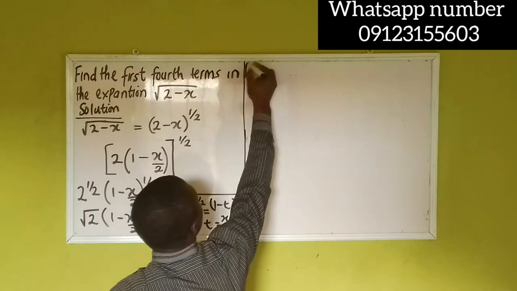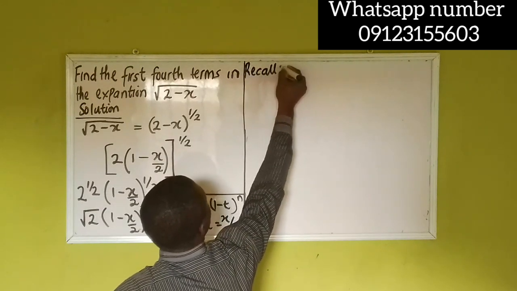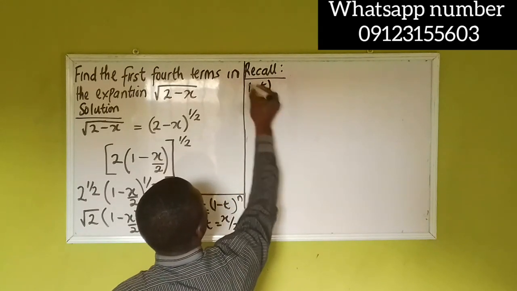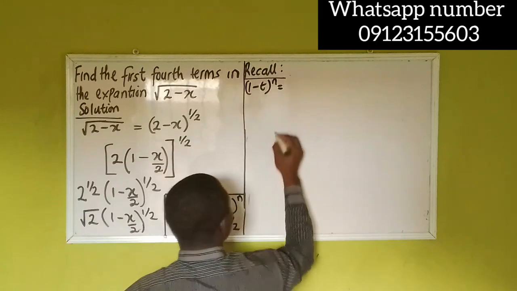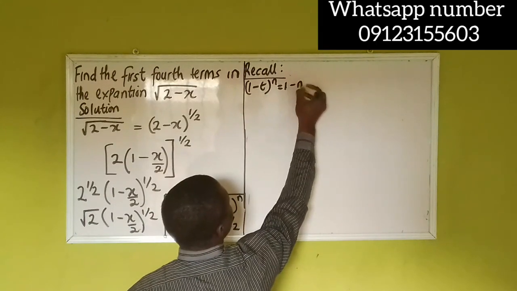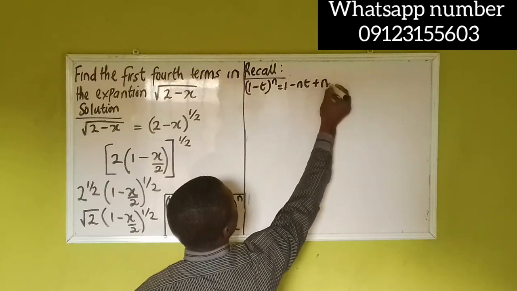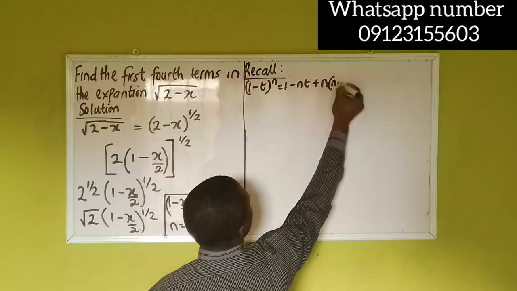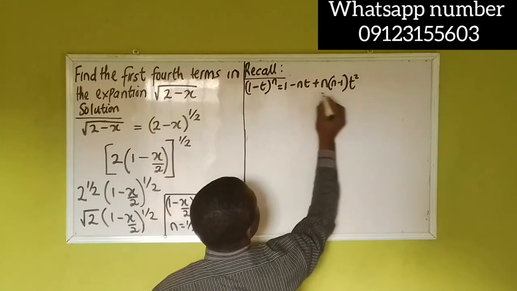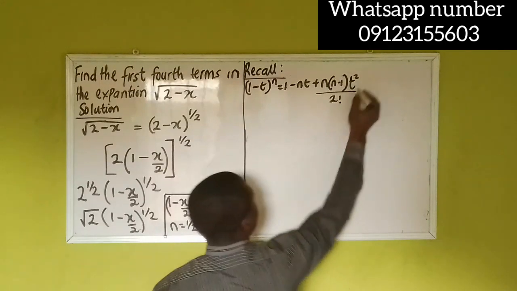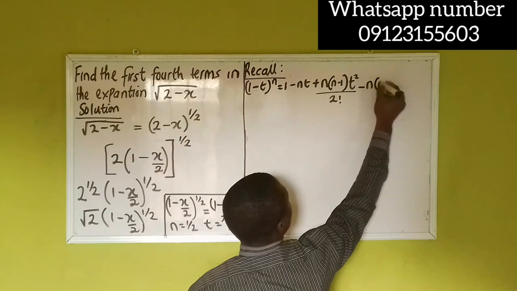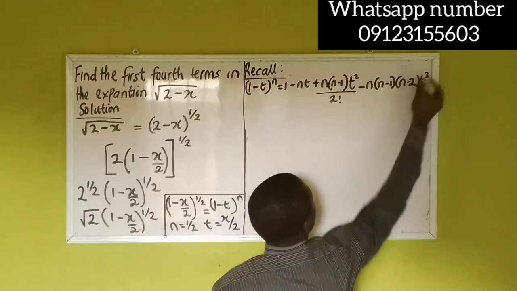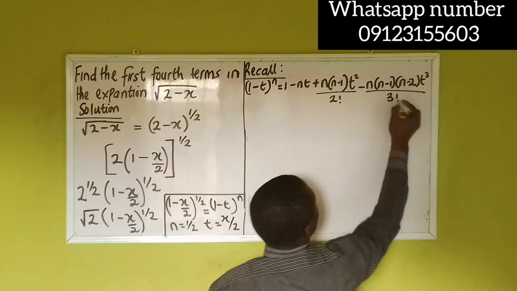Alright, recall from the formula, we said 1 minus t to the power of n is equal in value to 1 minus nt plus n into n minus 1 t squared over 2 factorial minus n into n minus 1 into n minus 2 t cubed over 3 factorial.